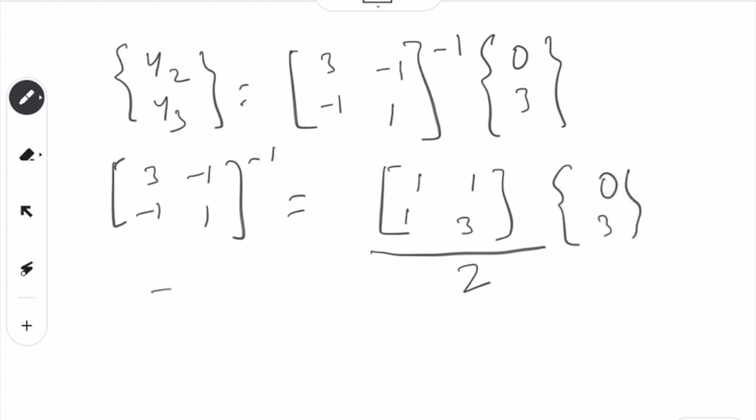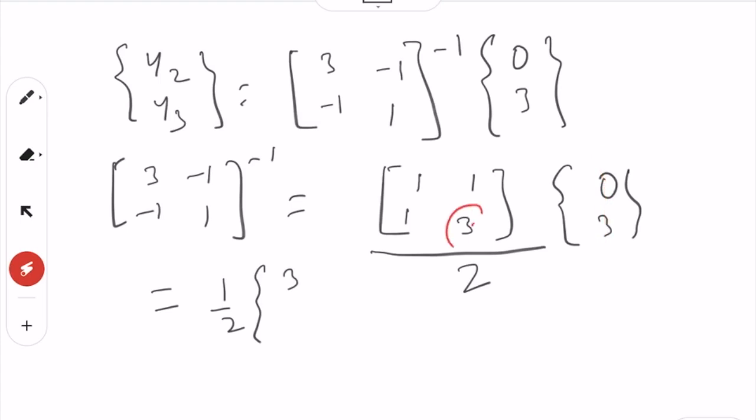So this is equal to what we get, half, and then you have 0. So this multiplied by this, so 0 multiplies to 1, and then you have 3. So you have 3 here, and then again 1 3 multiplied by this one.